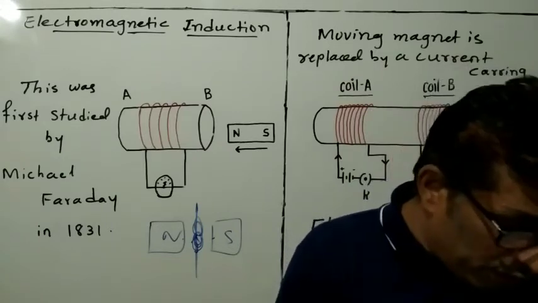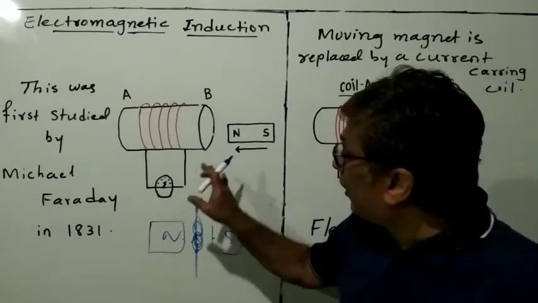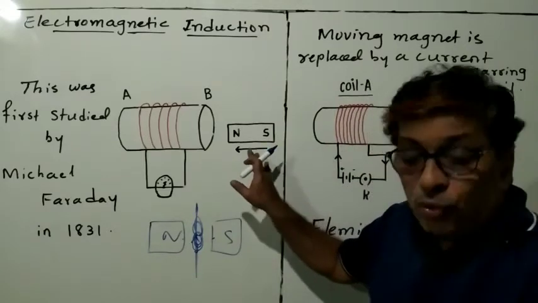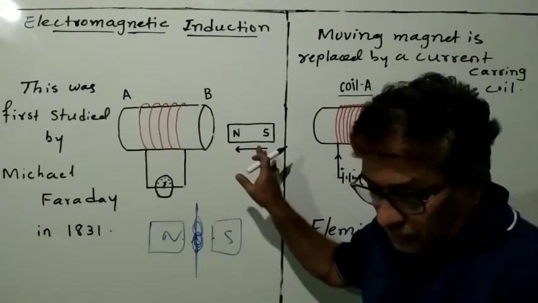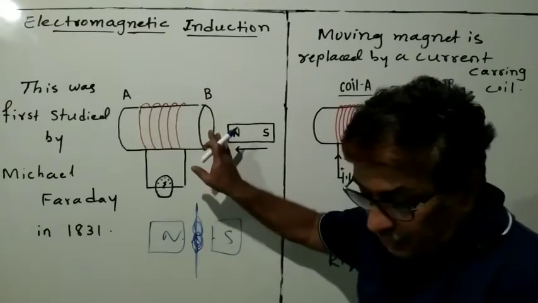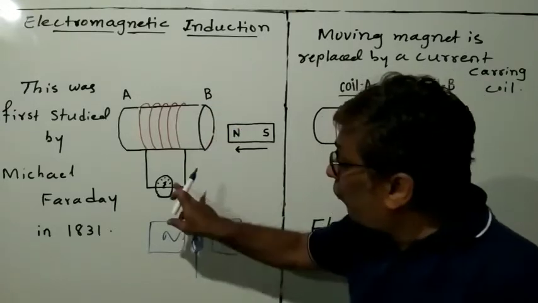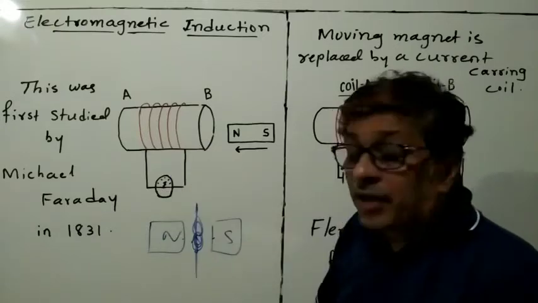Next, take a strong bar magnet and move its north pole towards the end B of the coil. Do you find any change in the galvanometer needle?